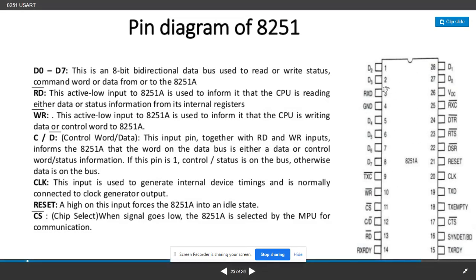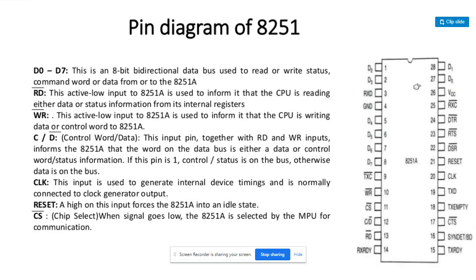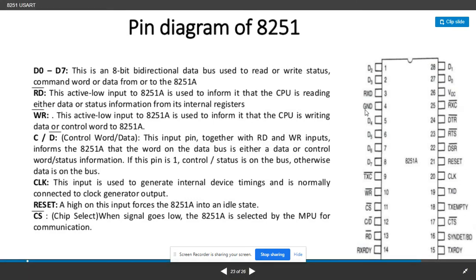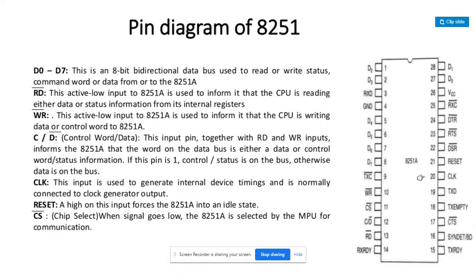So pins 1 to 8 and 27, 28 are the signals for the data bus, that is the bidirectional data bus that receives and transmits the data from the microprocessor to the 8251 and vice versa. This is the ground signal for grounding, and this is the VCC signal for power supply.